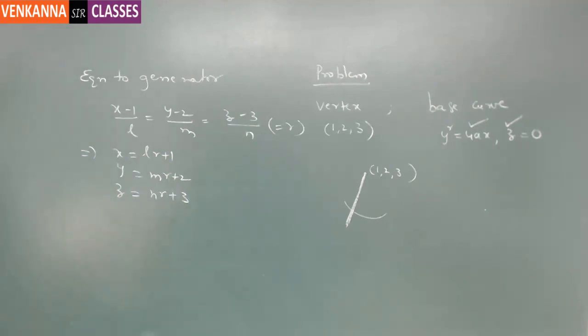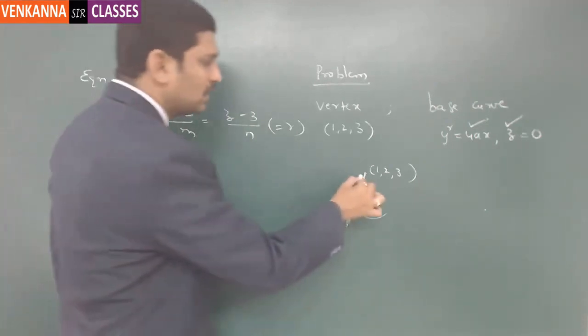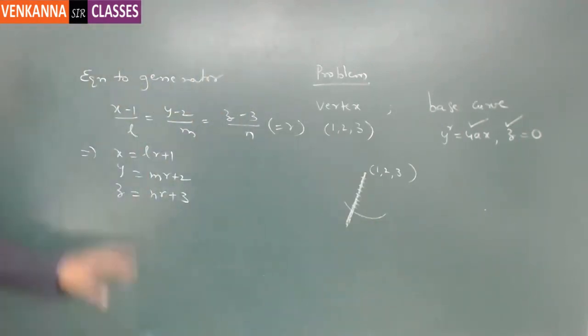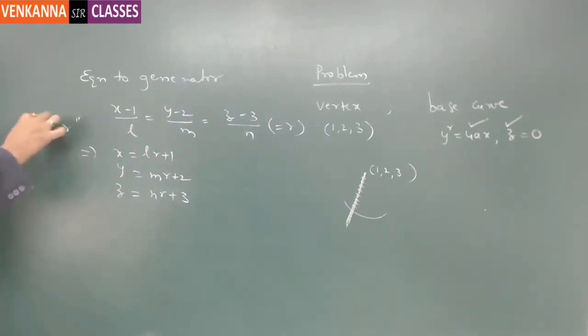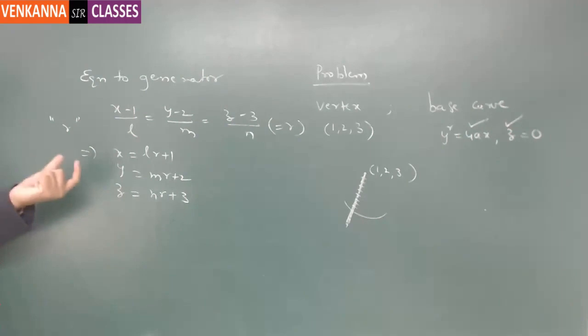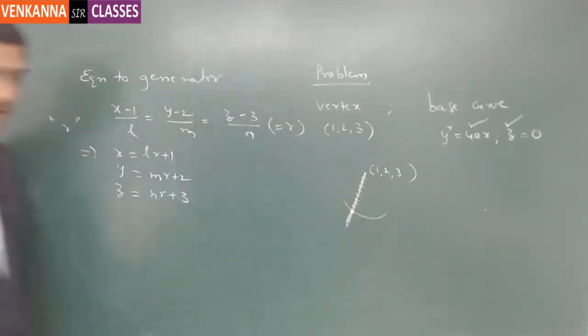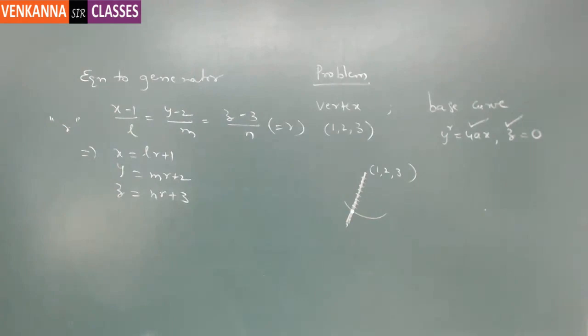So what does it mean? Every point on this generator must be of this form for some r. For a particular value of r, you will get a point on the base curve. Accepted?